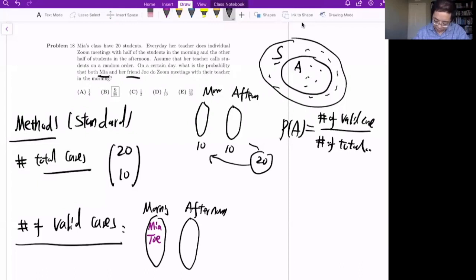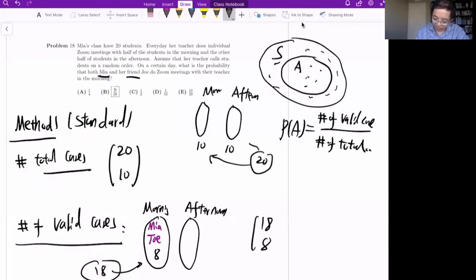Then all you need is 8 more students to fill the morning session, but these 8 will be from the remaining 18. So you have the remaining 18 students to choose 8. That will be 18 choose 8. That's the total number of valid cases.